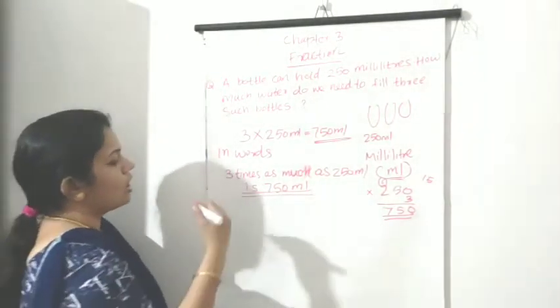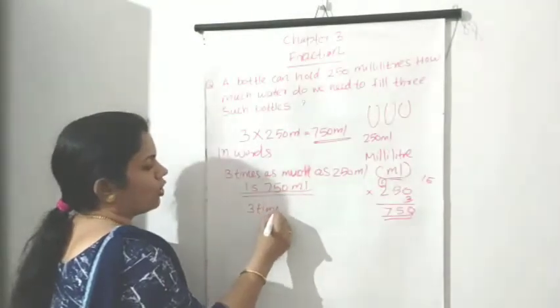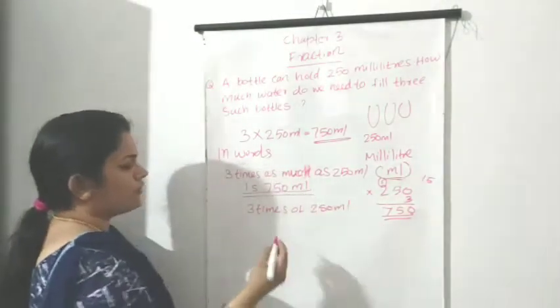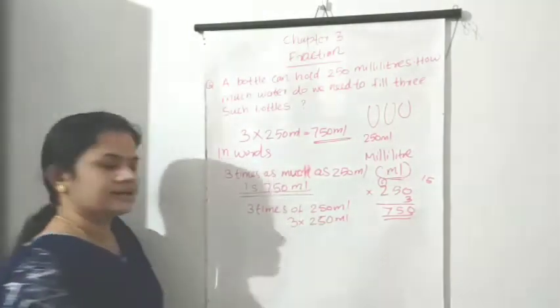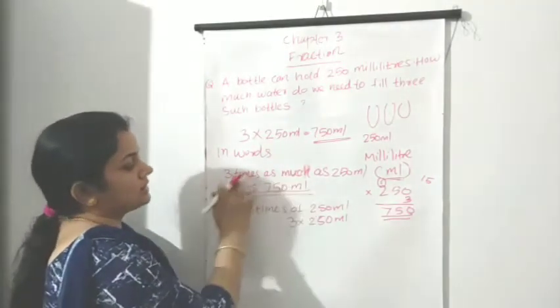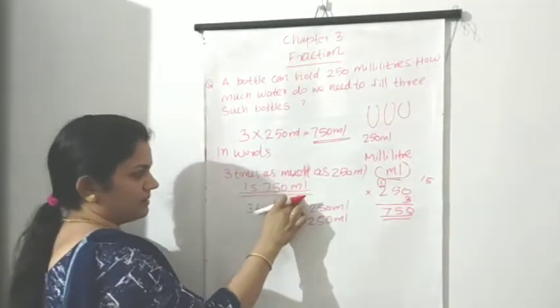Understood? So, in other words, we can write 3 times of 250 milliliter. So, we can write 3 into 250 milliliter. Understood? So, in words, 3 times as much as 250 milliliter is 750 milliliter.